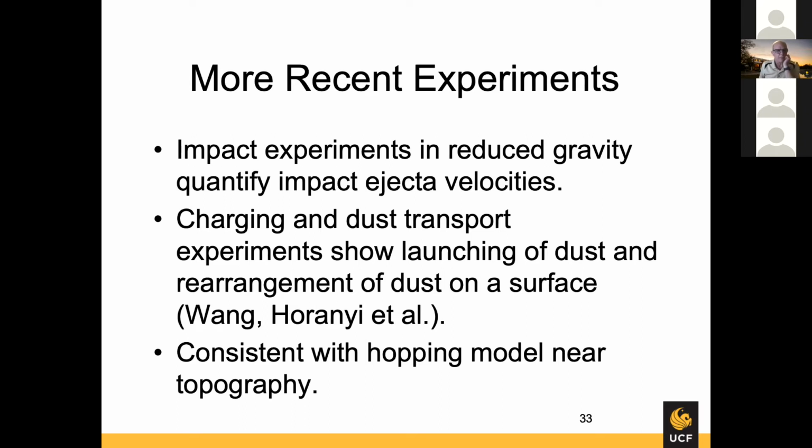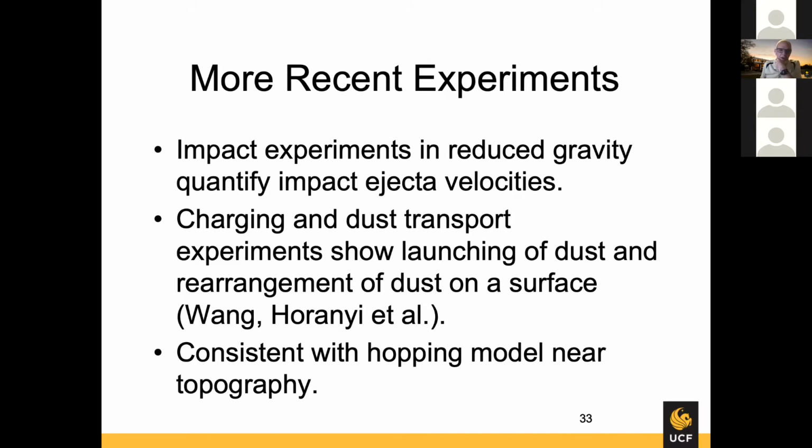So the experiments that we've been doing at UCF have been impact experiments to look at what that does to knock dust off the surface in a low gravity environment.